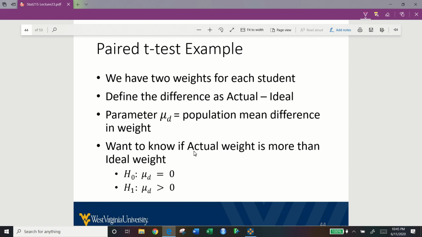We define the difference as actual minus ideal, which implies that our parameter mu d is going to be the population mean difference in weight. And we want to know, per the question, if actual weight is more than the ideal weight, meaning our null hypothesis will be mu d equals 0, and our alternative will be mu d greater than 0.